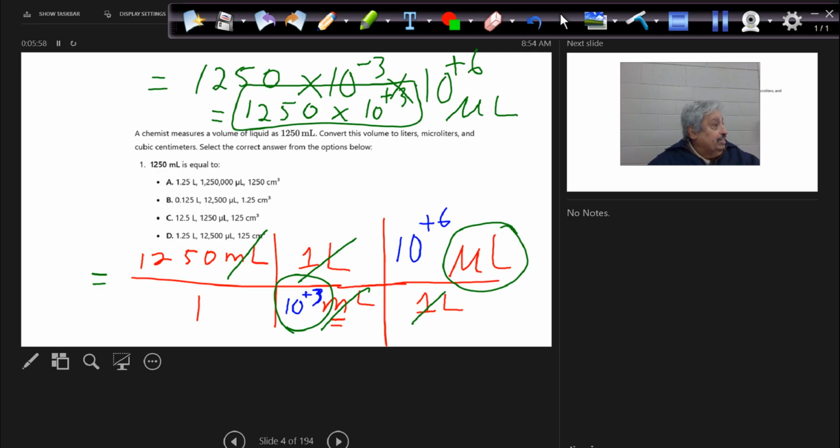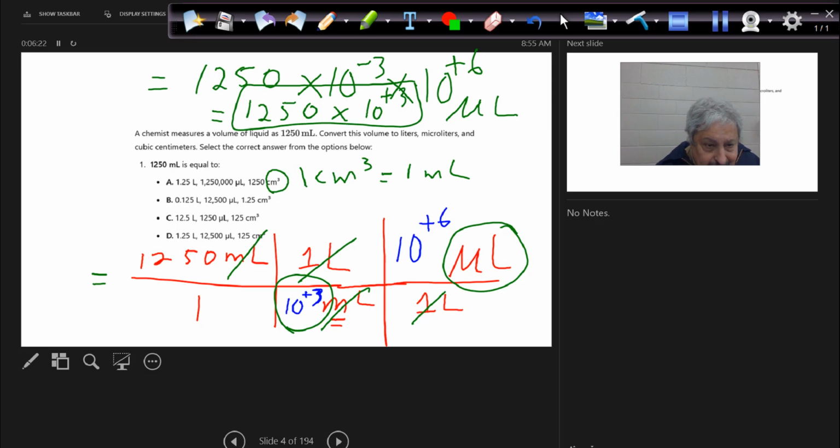A cubic centimeter is a milliliter. Okay, cubic centimeter is 1 milliliter. Correct? So, how much is 125, 0, 10 plus 3 microliters? How much do we have here?